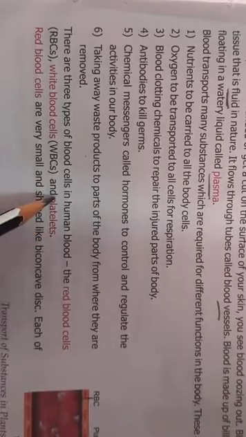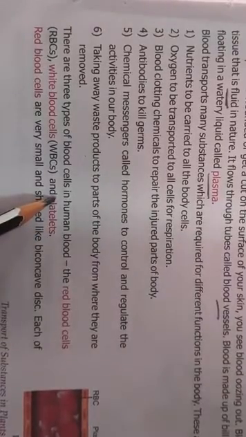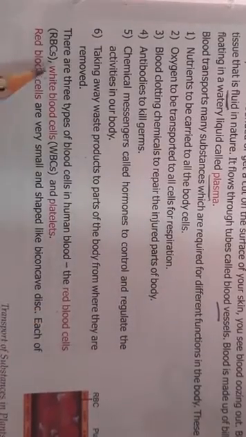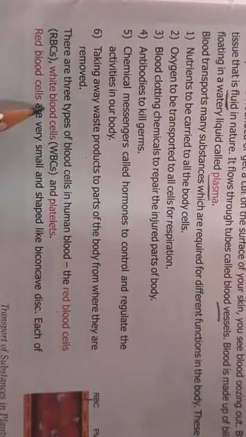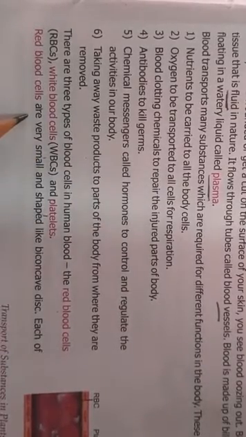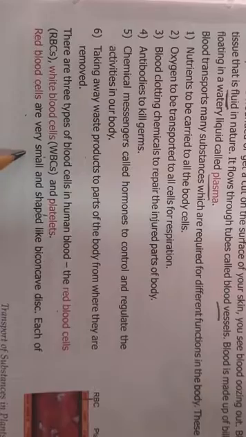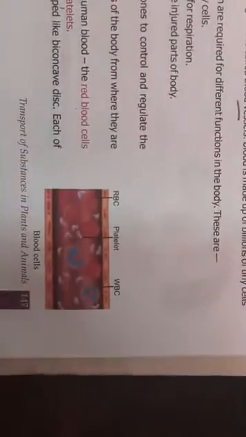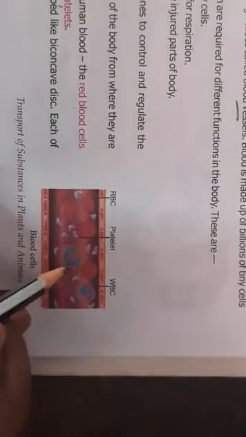And what are the three types of cells in the human blood? The first one are the red blood cells, which are also called RBC, the white blood cells, WBC, and the platelets. RBC or the red blood cells are very small and they are biconcave discs. What do you mean by biconcave disc? Like this, as you can see, like a semicircle.